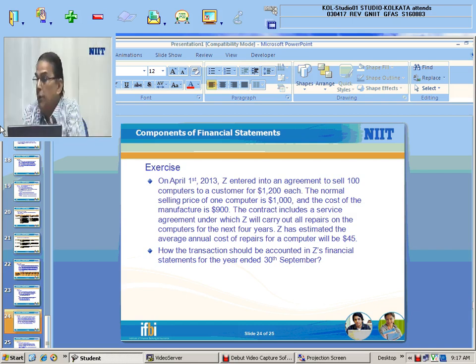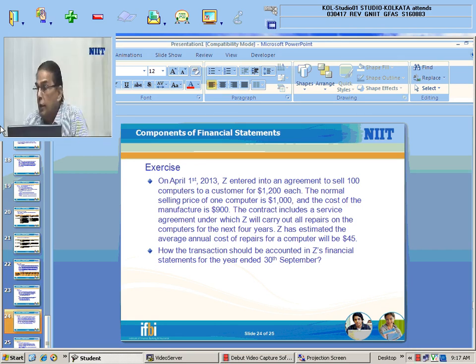So of the $1,200 received in respect of each computer, the sale of goods component, that is $1,000, will be recognized as revenue. The $200 of the receipt will be treated as deferred revenue because it will be earned over a period of 4 years.